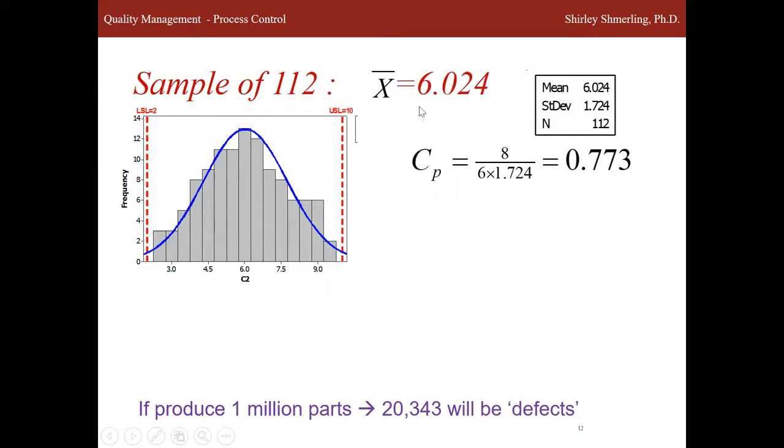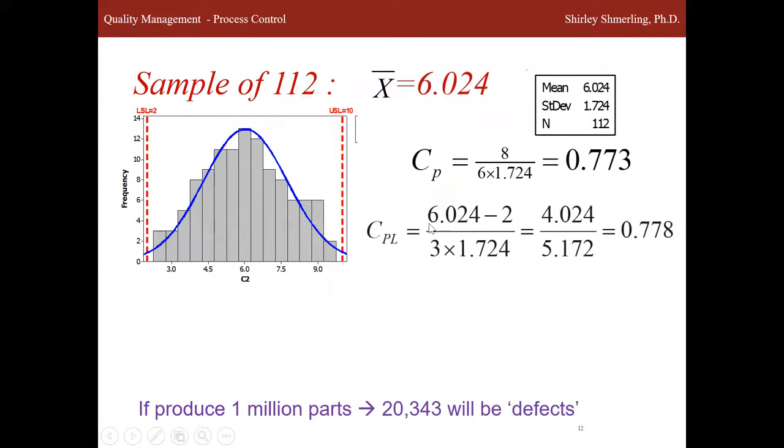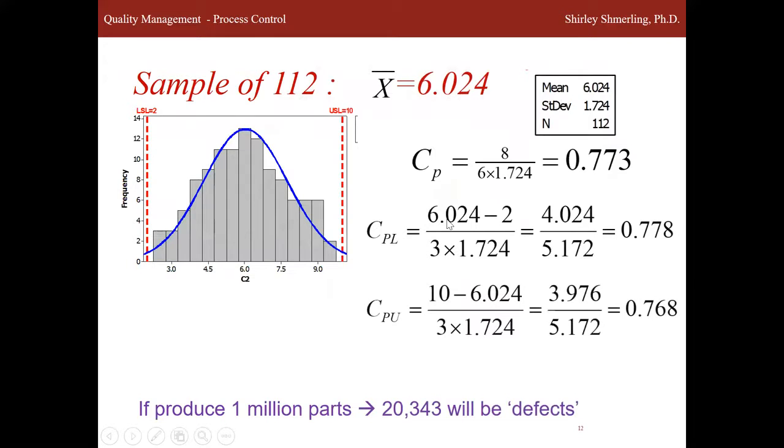Go back to the example where the mean was 6.024. So the CP we know was 0.773. Now let's do the one-sided index. So the lower index is the mean that we have minus the lower specification limit, and we divide that by 3 times the standard deviation.